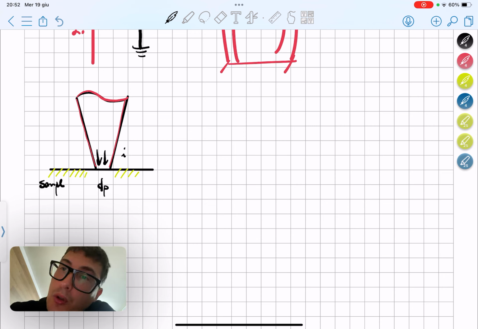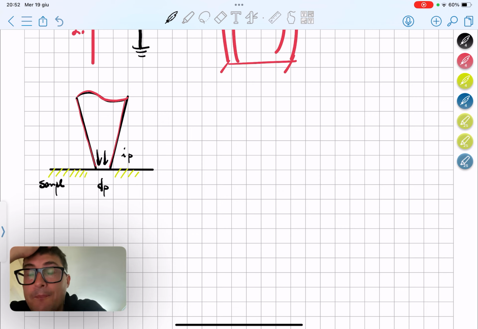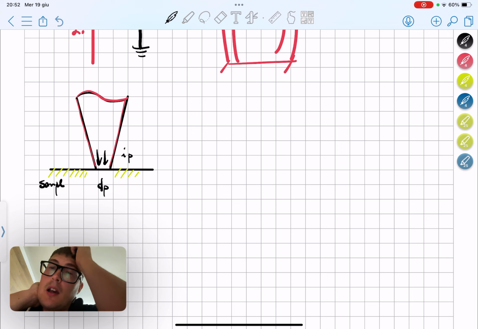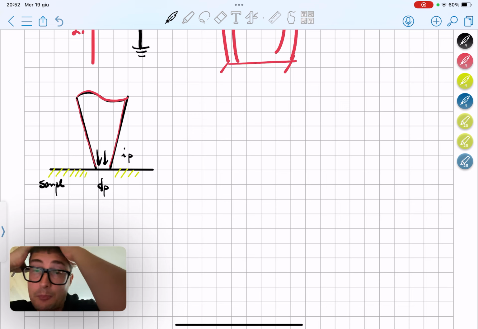There is the probe current, the current IP. Current is good because it's providing more electrons. More electrons means more details on the image, but the issue is that they are mutually exclusive with the spot size.